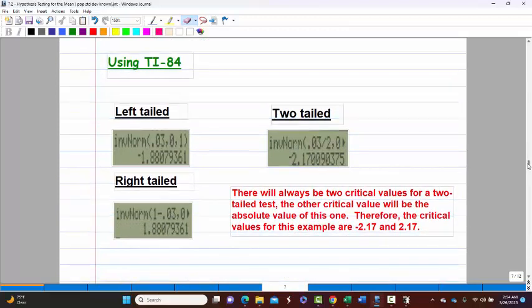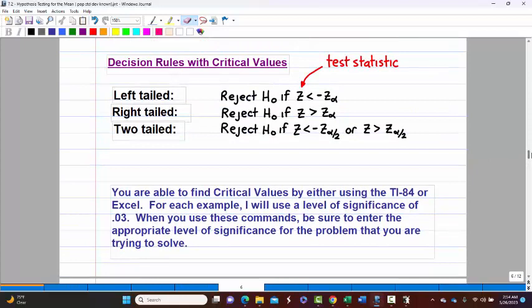There we go. And I wrote it out in words that therefore you only need to calculate one of them for the two-tailed, but know that there's both, the negative and the positive. Because you see how this decision rule looks, that decision rule is expecting two numbers here.